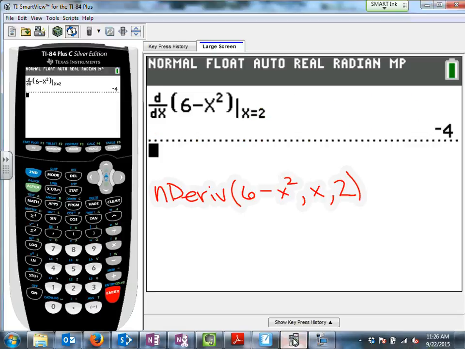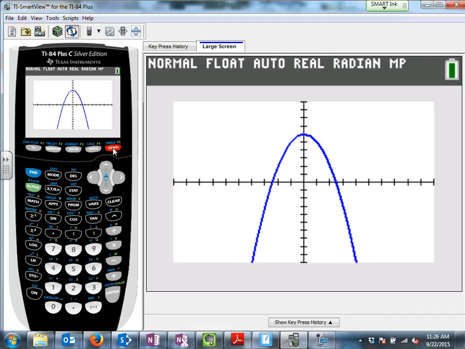Why can't you put them both in your calculator and average them? Because our derivative isn't necessarily changing consistently. So we can't take derivatives and average them together.